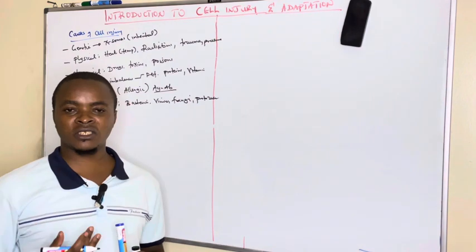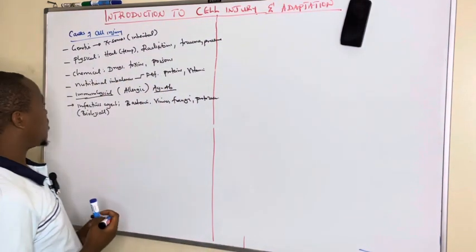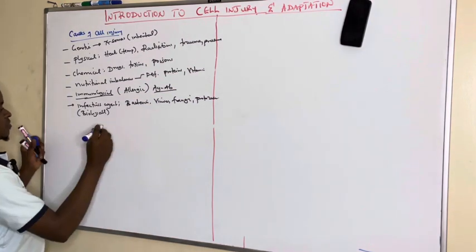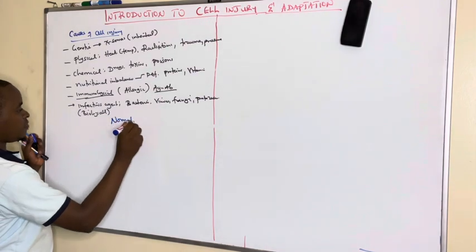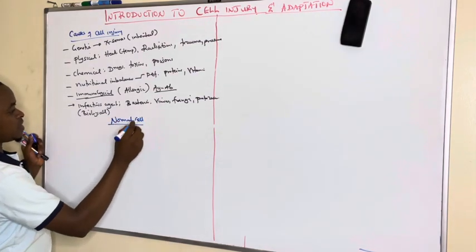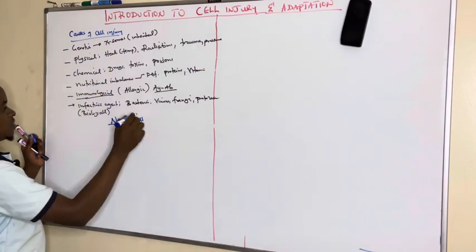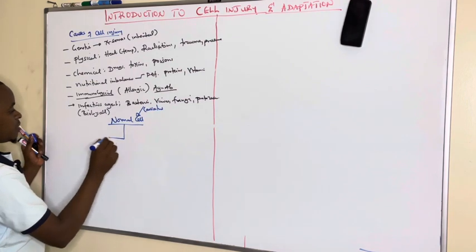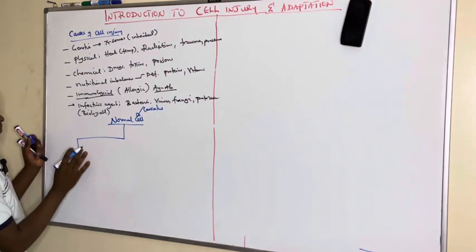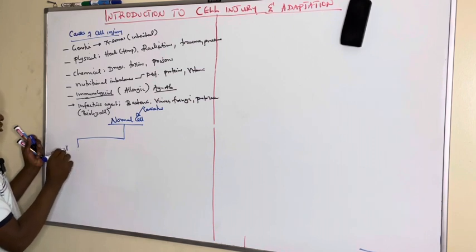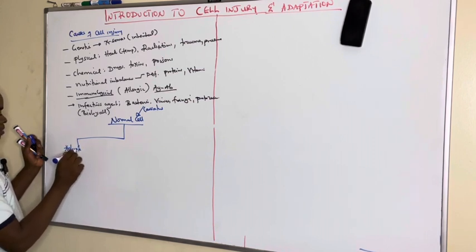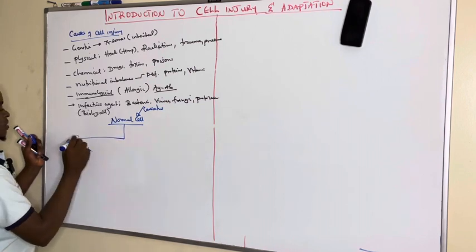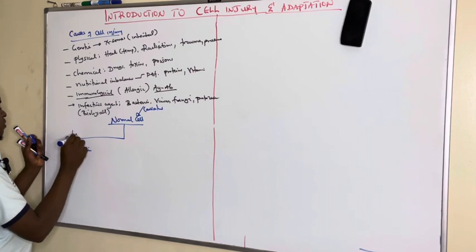So after seeing the causes of cell injury, now we want to see what happens in the case of this injury. If I have a normal cell, and this normal cell is subjected to these causes in presence of a causative agent, this cell can respond either by adaptation, in case there is limited stress or when there is low stress.